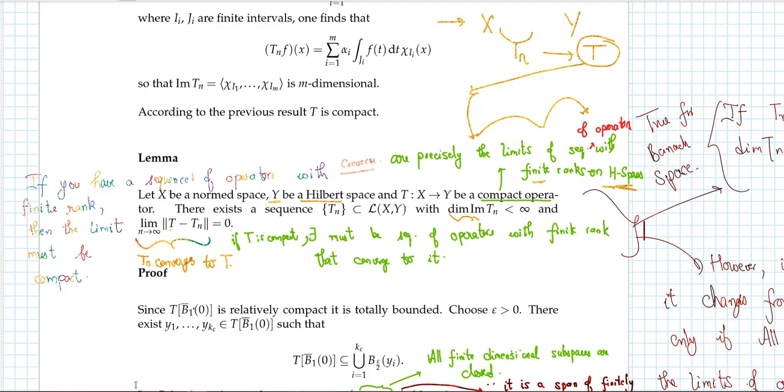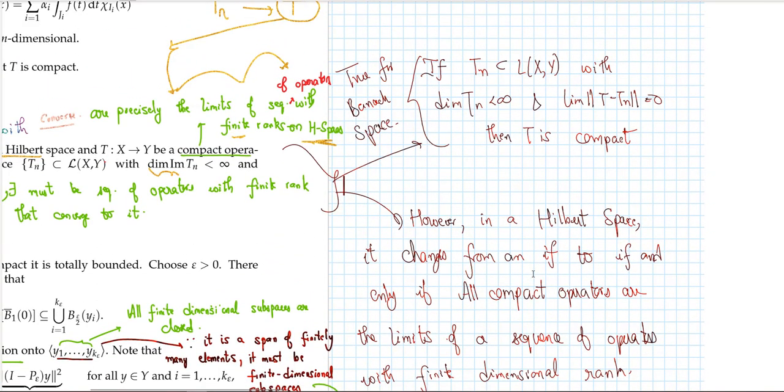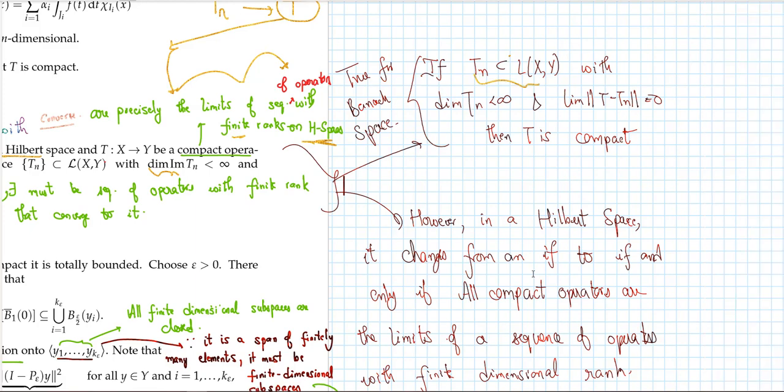And the summary can be said that if you have a finite rank, then the limit must be compact. So I'll repeat it again. If you have a sequence of operators with finite rank, then the limit must be compact. And now we see that this was proof for Banach spaces, that if Tn was a convergent sequence and dimension of image of Tn is less than infinity and T is the limit of the sequence, then T is compact.